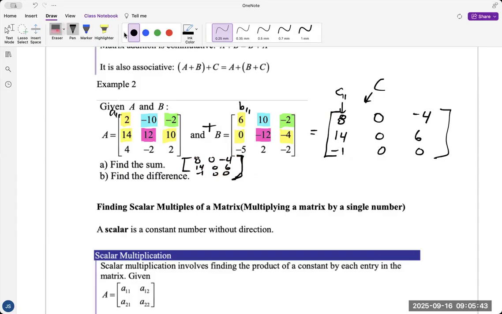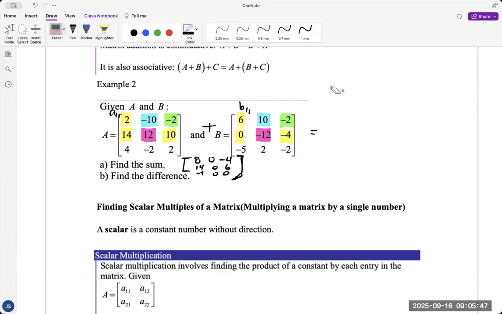And then now, what is the difference? It's exactly the same way, but we're going to be subtracting. And it might be easier for you to multiply every single term in the second matrix that we're subtracting by negative 1.